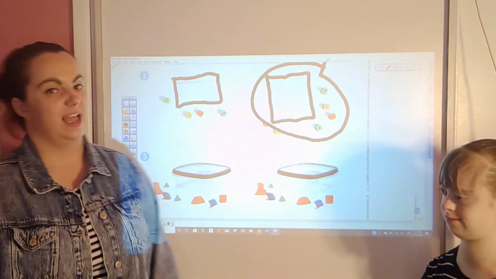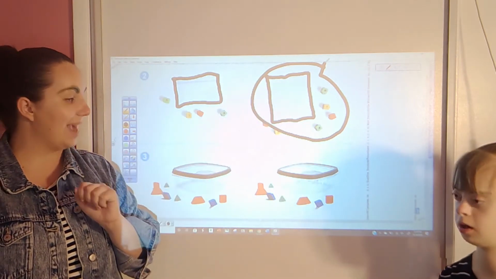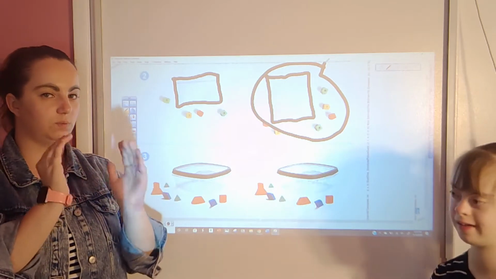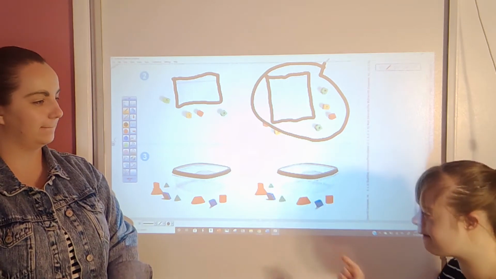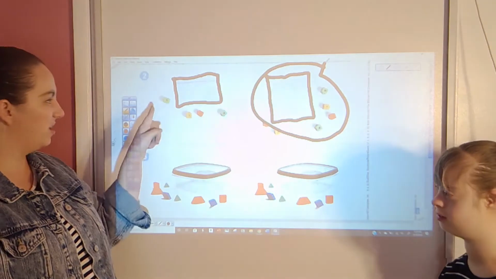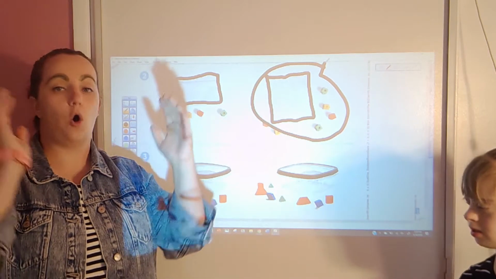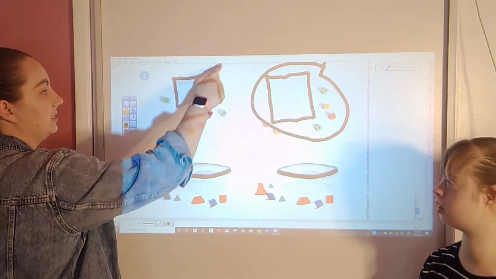Good. If that bag has more capacity, which bag has less capacity? Not as much space, holds less. Which one? Yeah, because that bag is smaller. It only has a few cubes it can fit in it. It holds less. So we're going to go ahead, put an X through that bag.